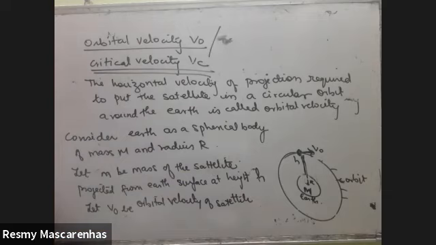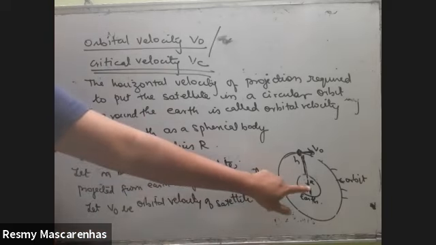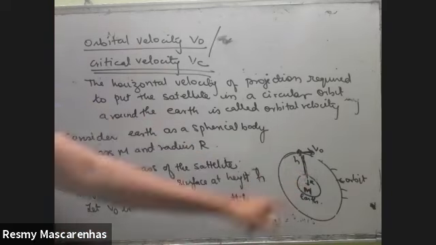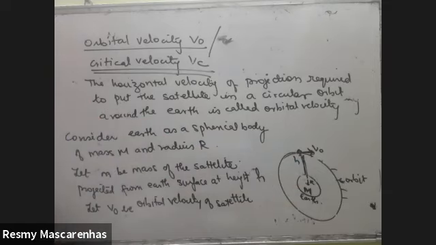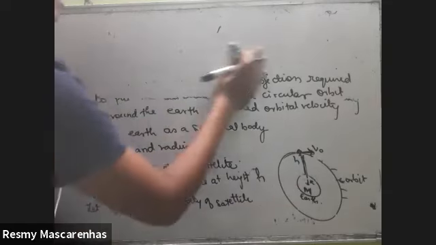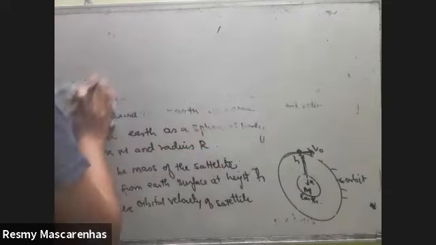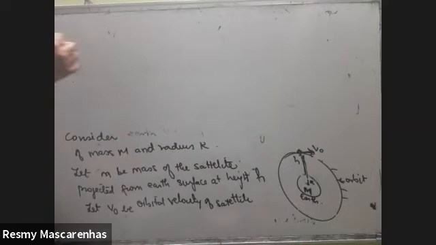Now this is the given data. Now these are like the two bodies. Earth is one body and the satellite is the second body. So whenever there are two bodies in the universe, we know that there is always a force of attraction between them. And this is told by Newton's law of gravitation.